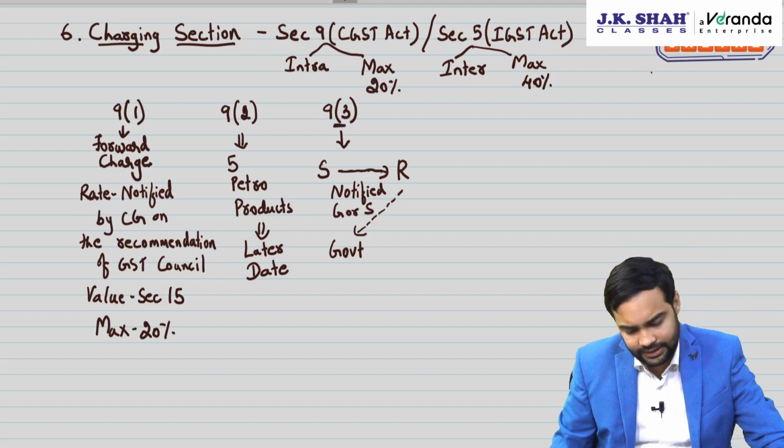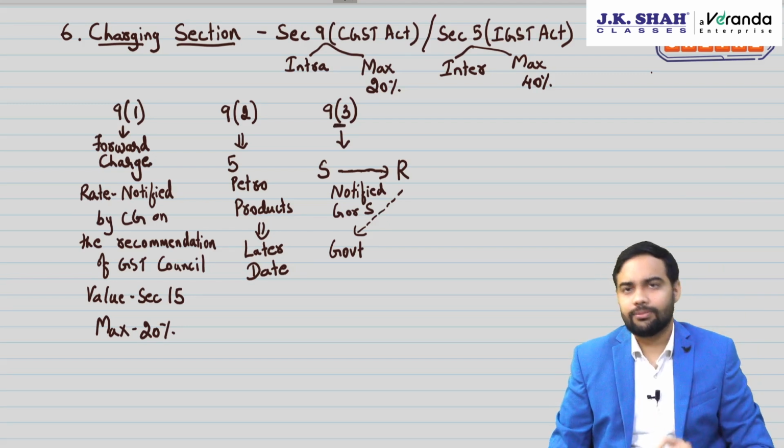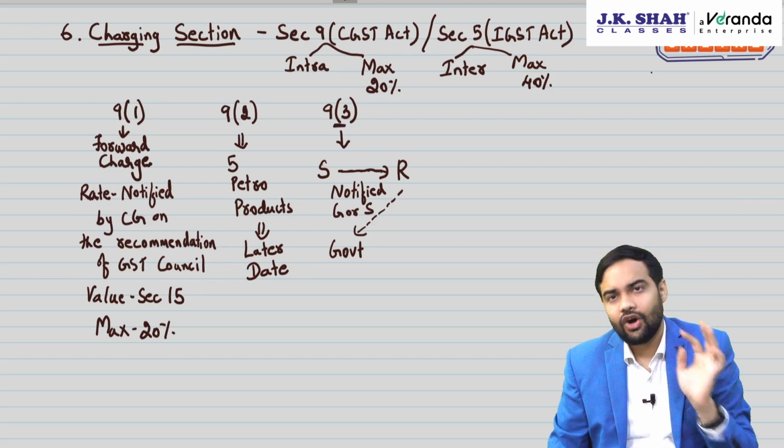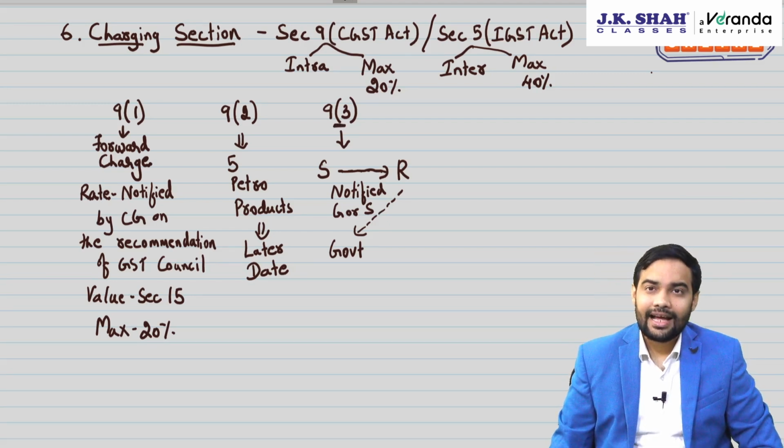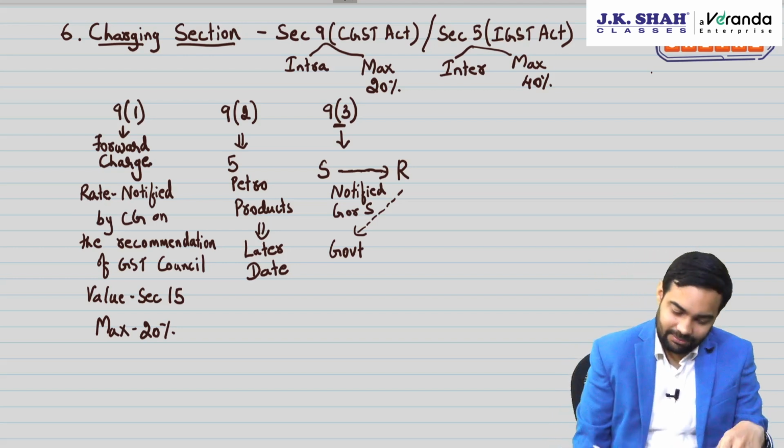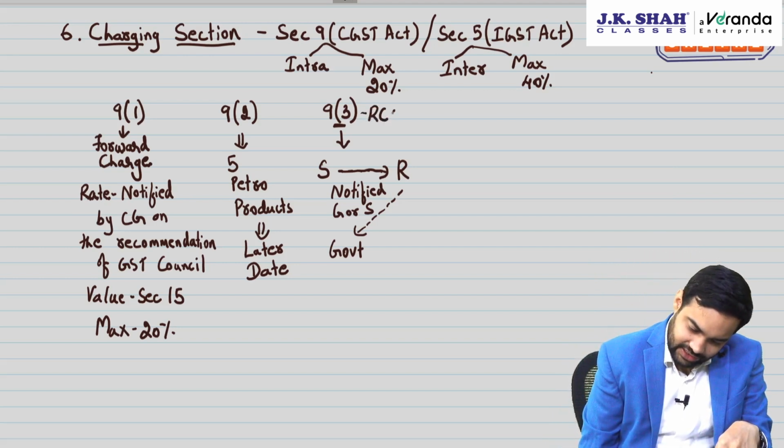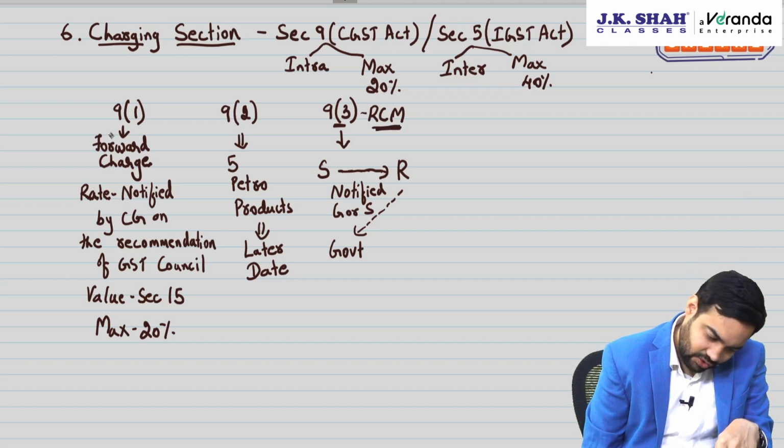Now I have a question for you. Which is a stronger provision, 9.3 or 9.1? Because suppose something is mentioned under reverse charge mechanism, will RCM be given more weightage or forward charge?